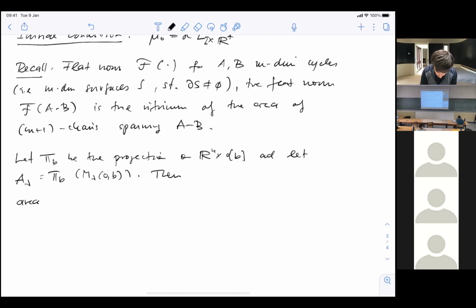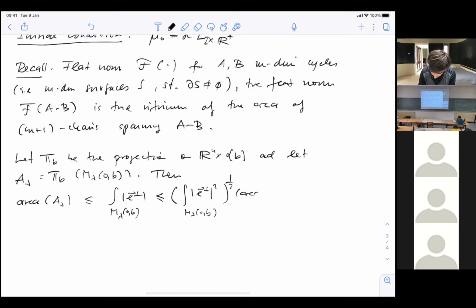The area of A lambda, by the area formula, we can estimate by m lambda times E perp. See, if E is tangential, then the projection is 0. Yeah, that's exactly what we expect. And we can estimate this from above by just using Hölder, m lambda of 0B, and now we can get a square in here, times area.